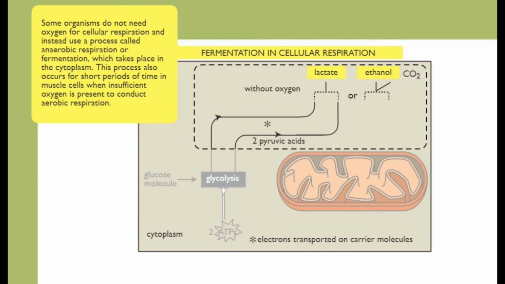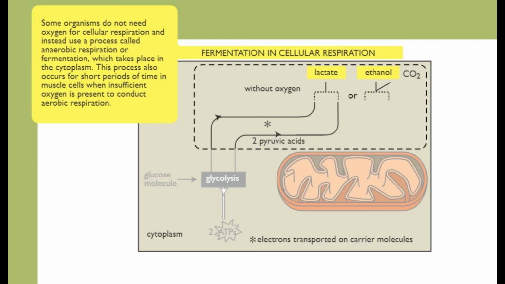Now, we look a little bit farther. So the fermentation in cellular respiration, that kind of rhymes. Some organisms do not need oxygen for cellular respiration. Instead, they use a process called anaerobic respiration or fermentation, which takes place in the cytoplasm.